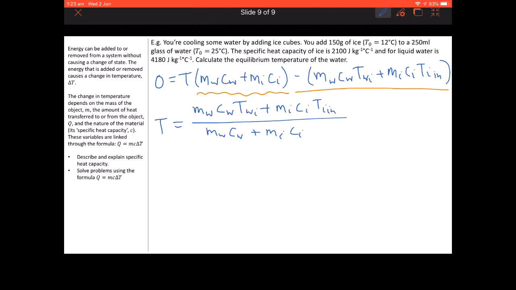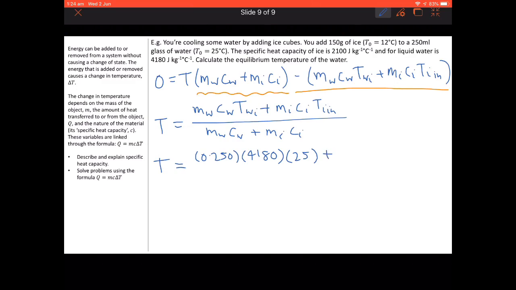The mass of our water is going to be 0.250, so 250 ml is equal to 250 grams for water. And then the specific heat capacity is 4180, and then the original temperature is 25 degrees.